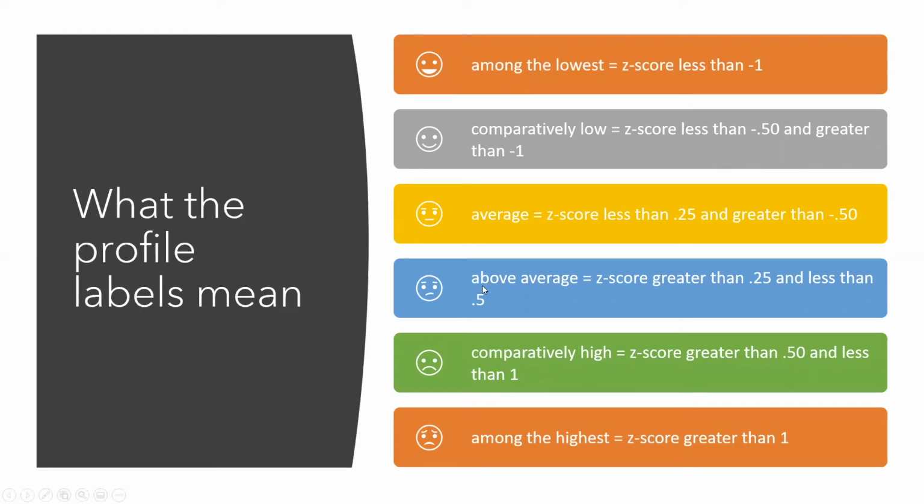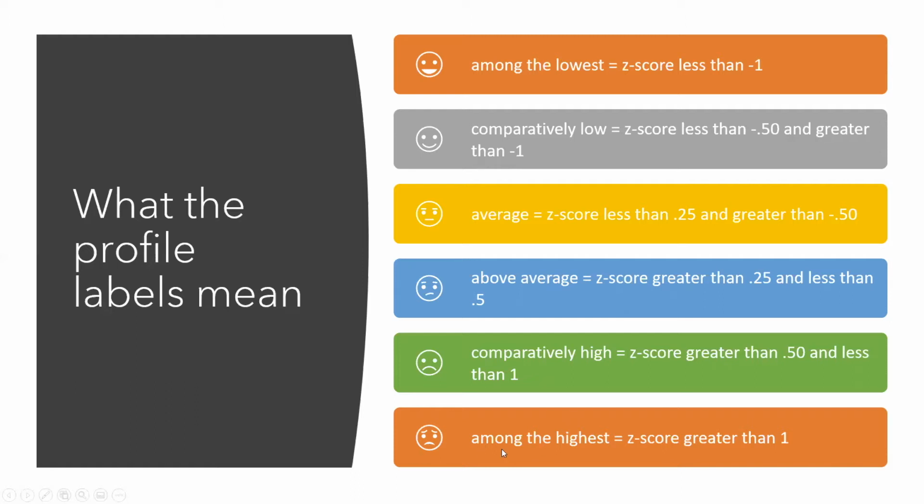Now, when we get to above average, we're talking about communities that need somewhat more intense resources within them. These are a quarter to a half a standard deviation above our mean within our state. These are communities that are starting to see substantial risk across their profile, and they deserve our attention as well. The communities where our high intensity resources should go, though, are the communities with comparatively high and among the highest risk.